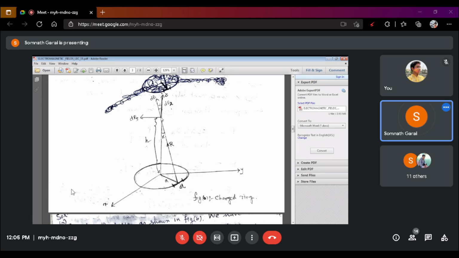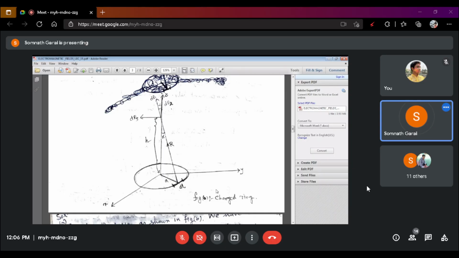Now look, this is a Cartesian plane. There is a ring charge, a circular line charge, situated in the xy plane, whose radius is a.